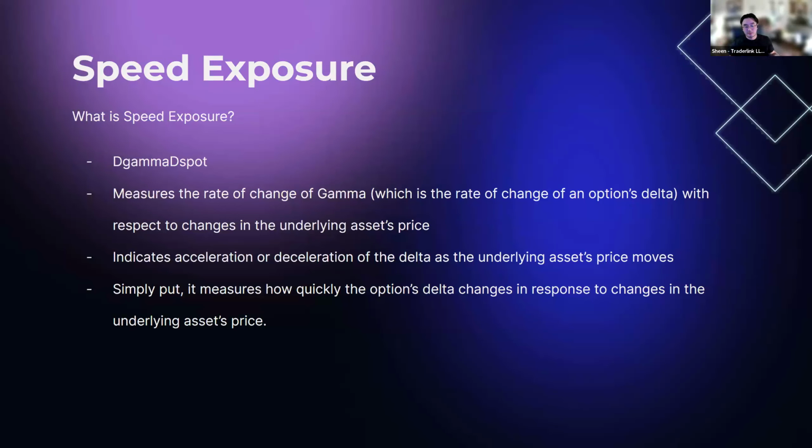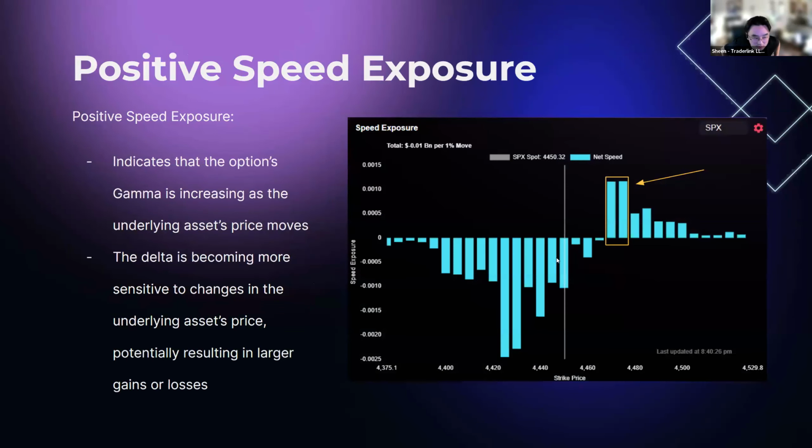So simply put, it measures how quickly the option's delta changes in response to changes in the underlying asset's price, right? So if the stock goes up, it'll basically measure how quickly the delta is going to increase or decrease per se.